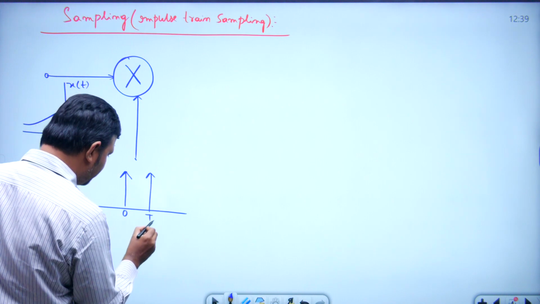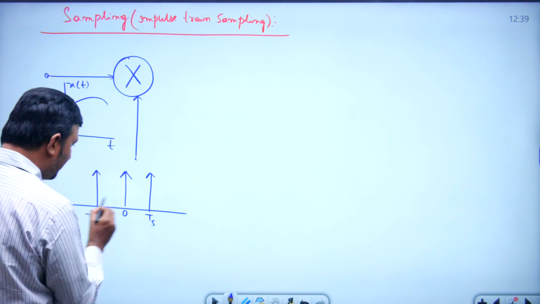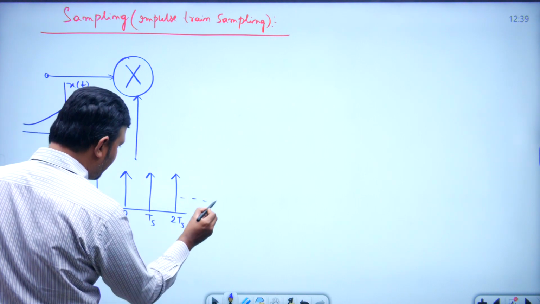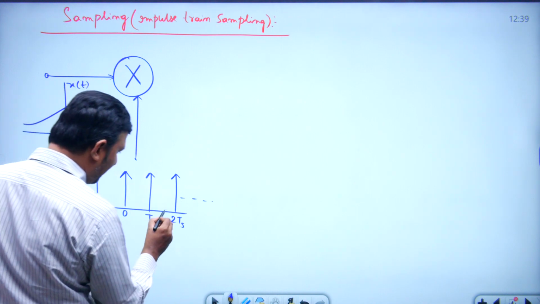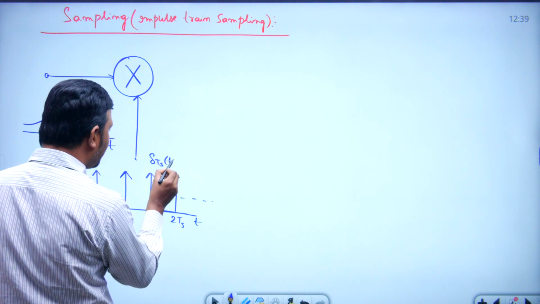The distance between adjacent samples is Ts. So impulse train signal like this, and this impulse train signal can be denoted with del Ts of t.